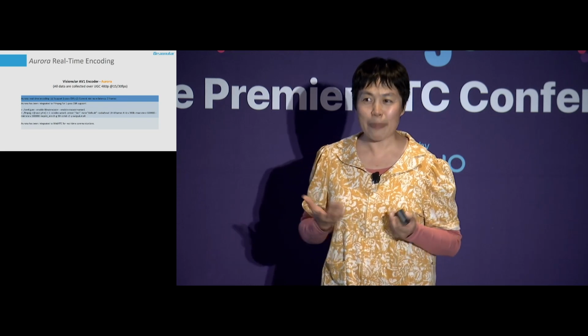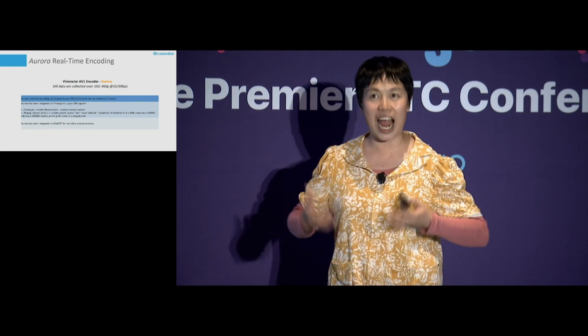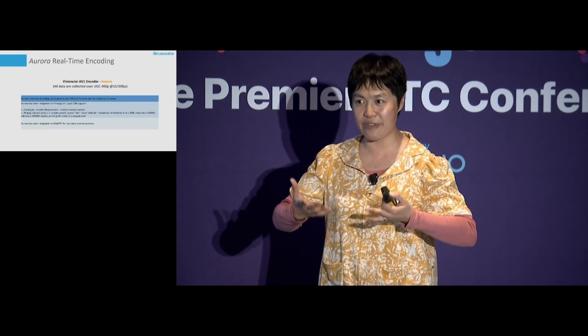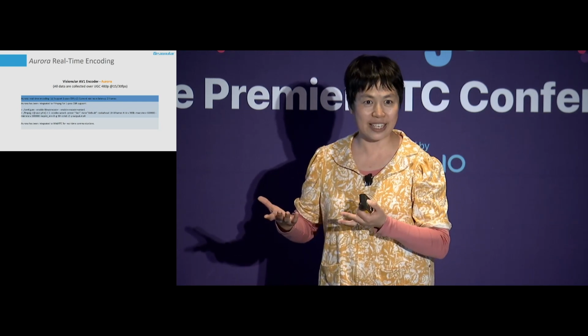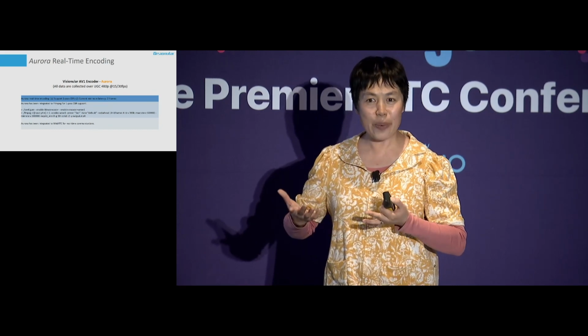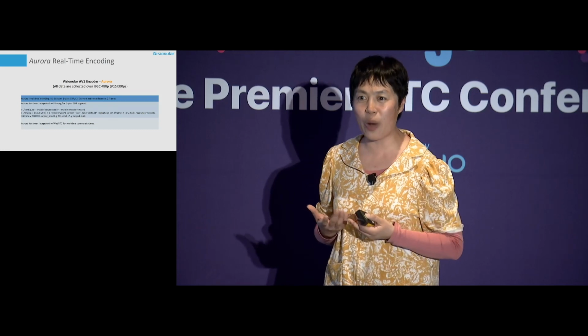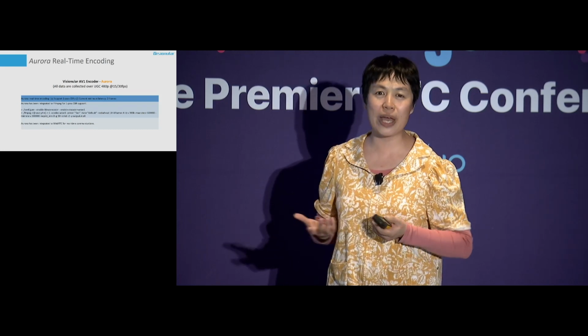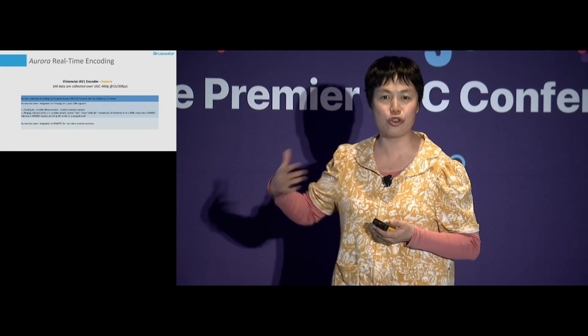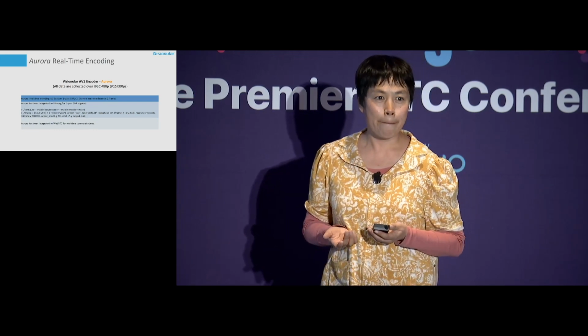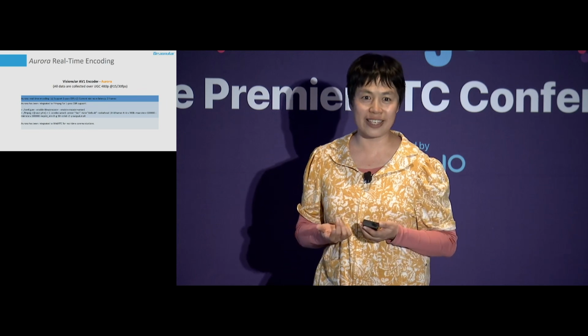As of today, for the RTC community, WebRTC has already given out the draft on how to incorporate AV1 into the RTP standard. However, WebRTC has not officially incorporated AV1 into itself yet. So we basically follow the RTP draft to incorporate our Aurora inside WebRTC to serve our customers.